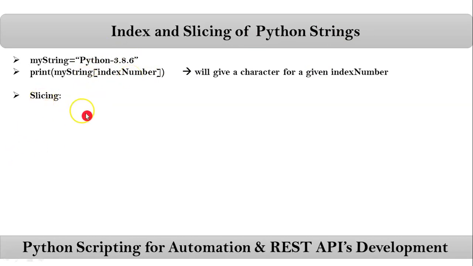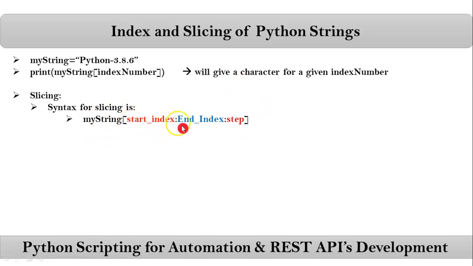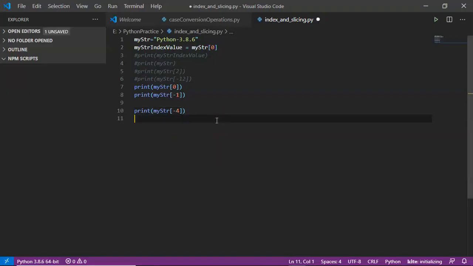Using the slicing concept, you are going to get a group of characters, a sequence of characters, from a given string. For slicing, this is the syntax: simply your variable in square brackets, you write start index, colon, end index, colon, step. All these three are numbers.